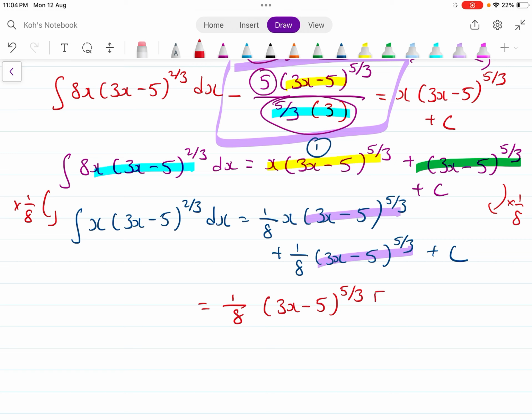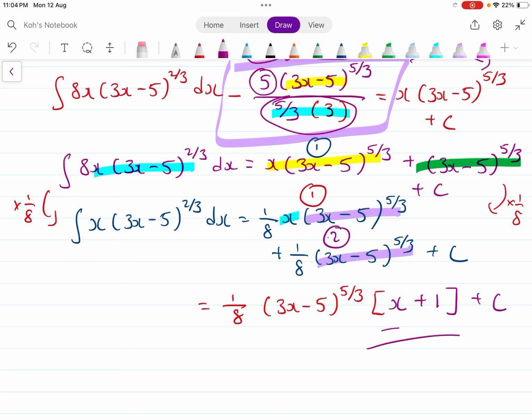Now it's left with only the x term on the first term. Then the second term, 1/8 (3x − 5)^(5/3), so it's equal to plus 1. Then put a bracket, plus c. Then you can see actually we get the answer already. So that is how we do this question.